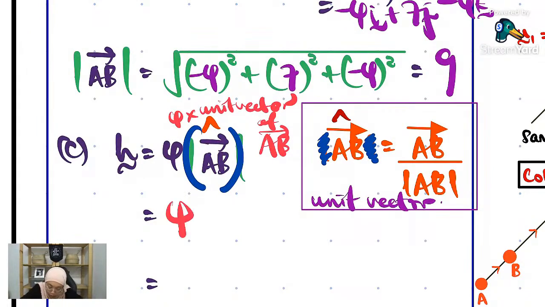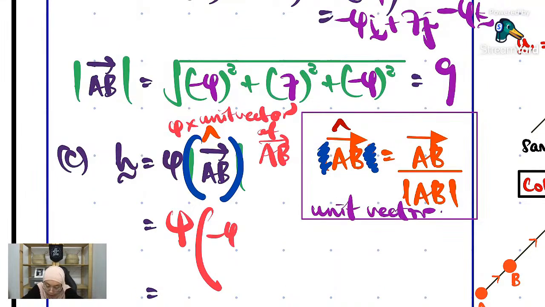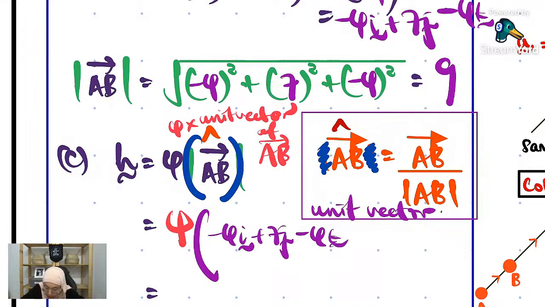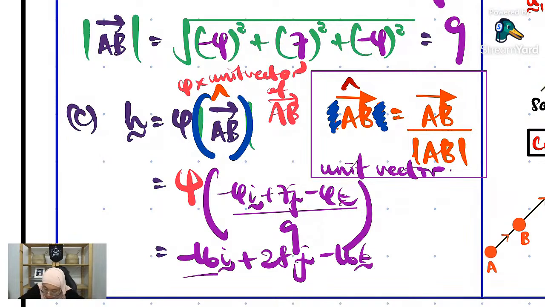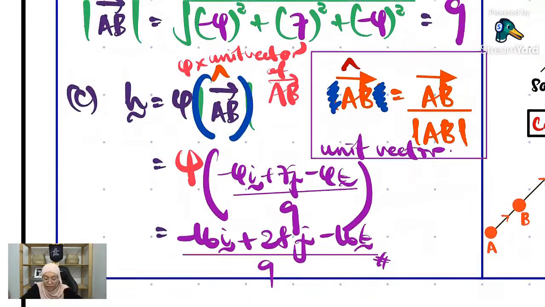Then we calculate 4 times negative 4i plus 7j minus 4k, and then we divide it by its magnitude, 9, and therefore the answer is very easy. It is just negative 16i plus 28j minus 16k, everything divided by 9. That's it. That is the answer.